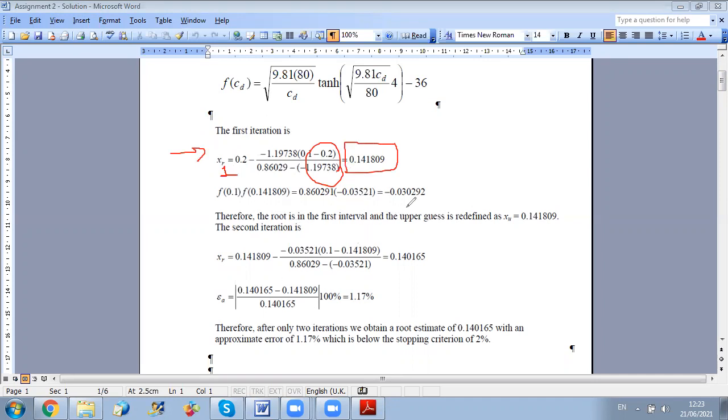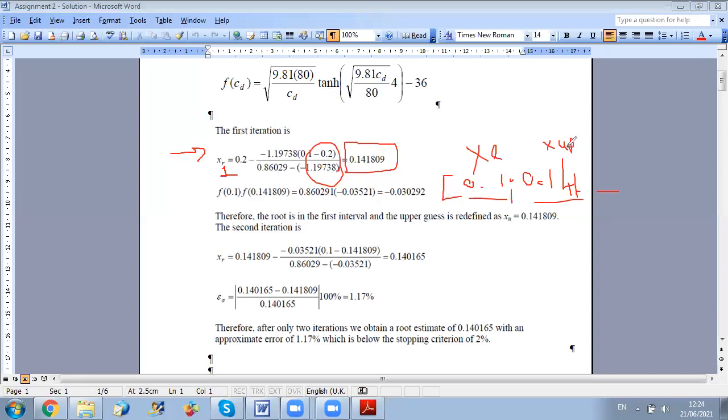So now the next step, we said that the new interval will be 0.1, 0.141809. We apply again the same relation, but now we updated x upper and x lower. So x lower stays the same, but x upper was updated.